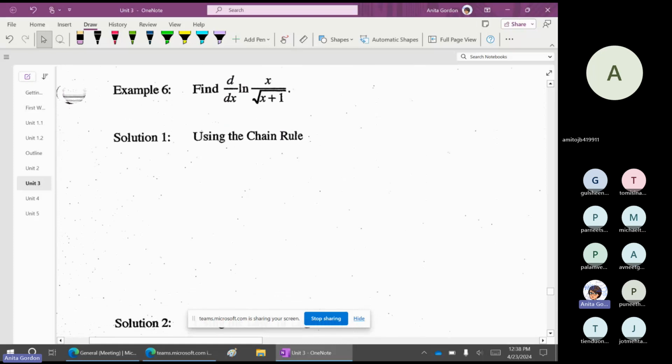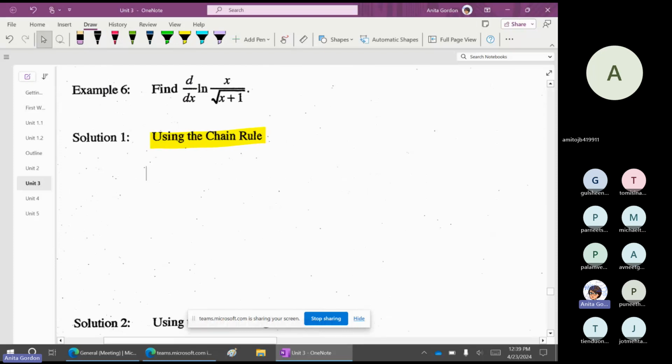If I did this with chain rule, I'm going to substitute y equals ln a, and y prime is 1 over a prime.